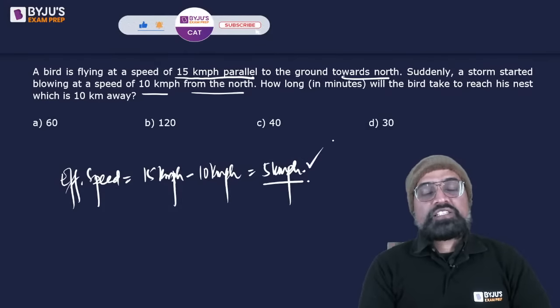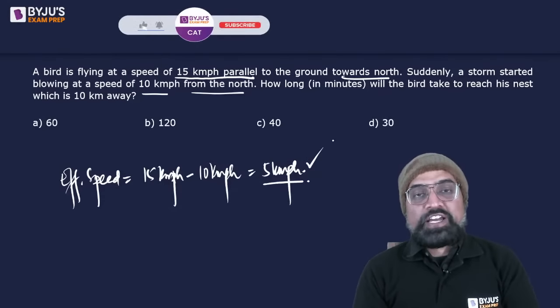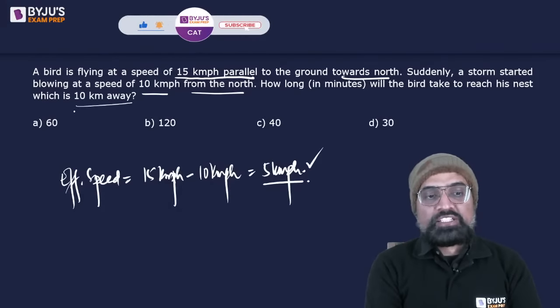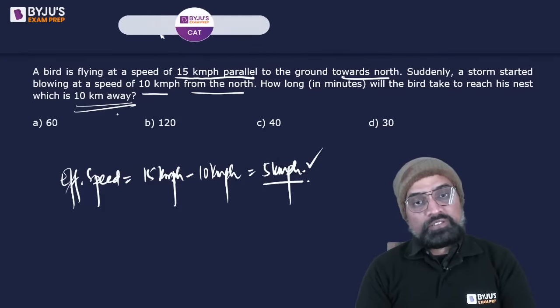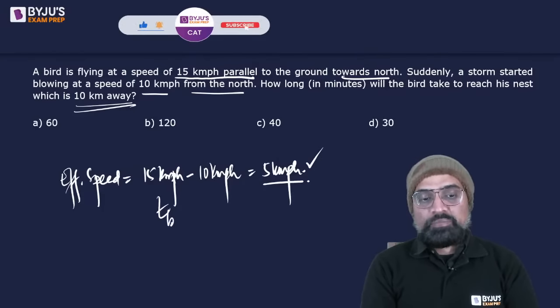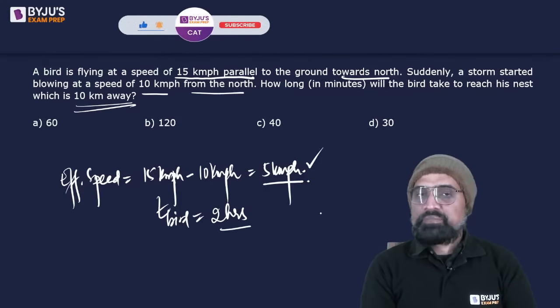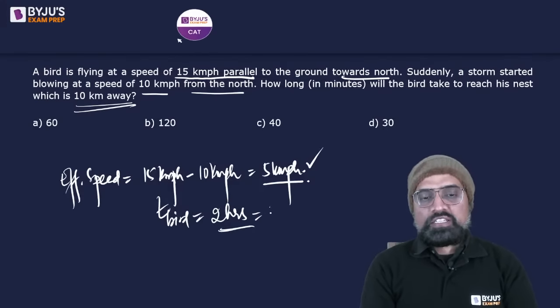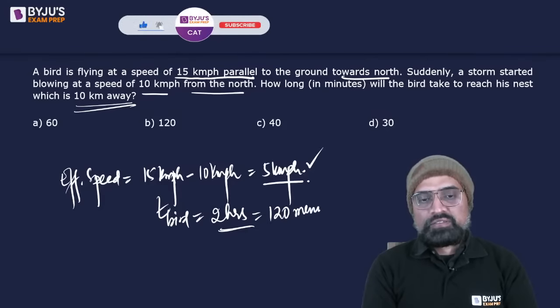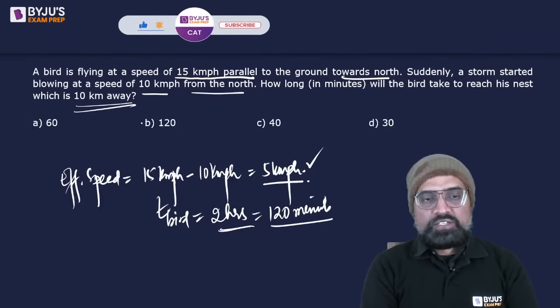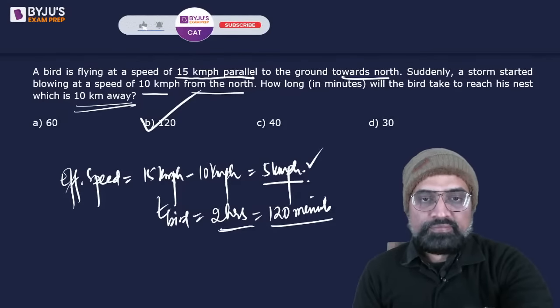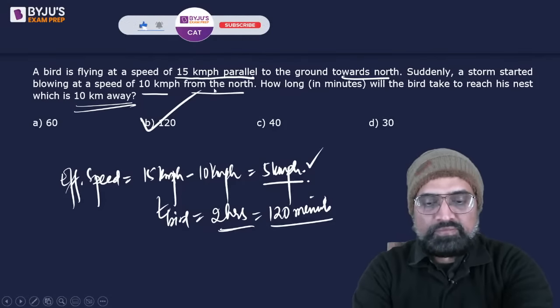So if the bird is flying at 5 km per hour and has to travel 10 kilometers, the time is going to be 10 by 5, which is 2 hours. 2 hours is nothing but 120 minutes. A rather easy question. Chalo.